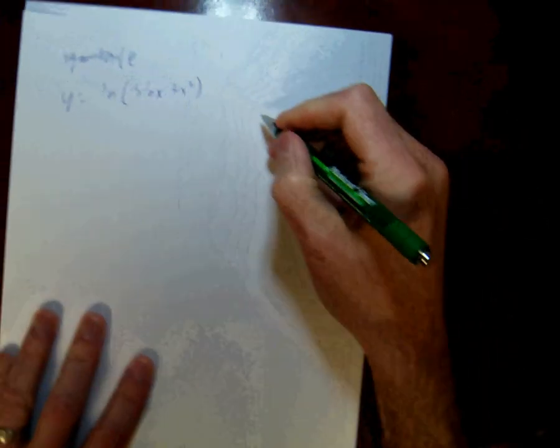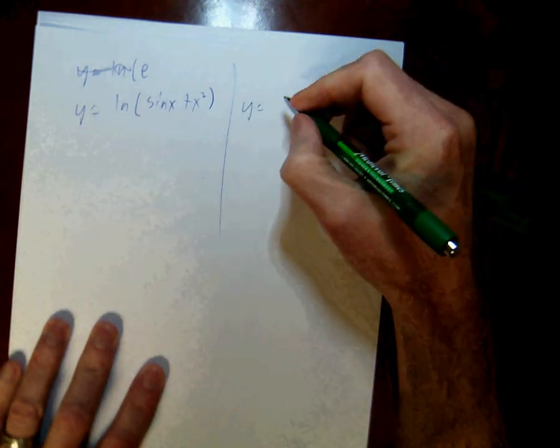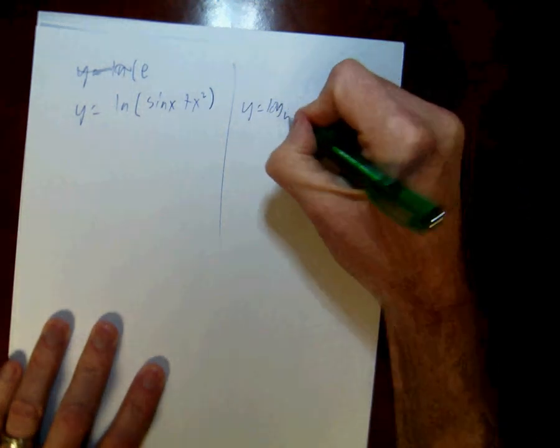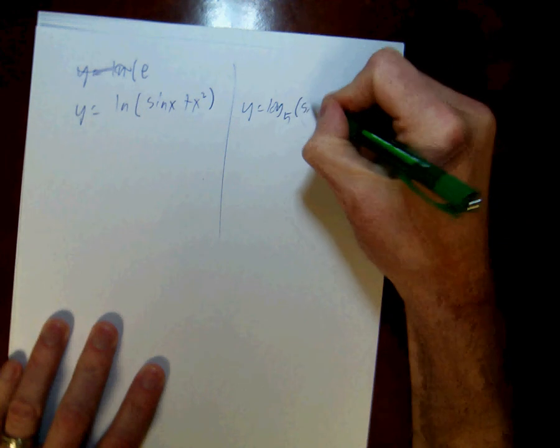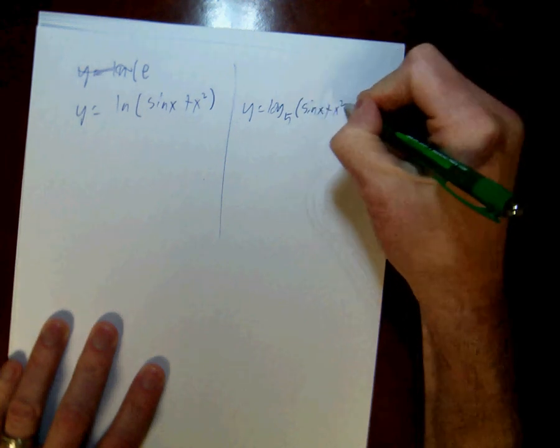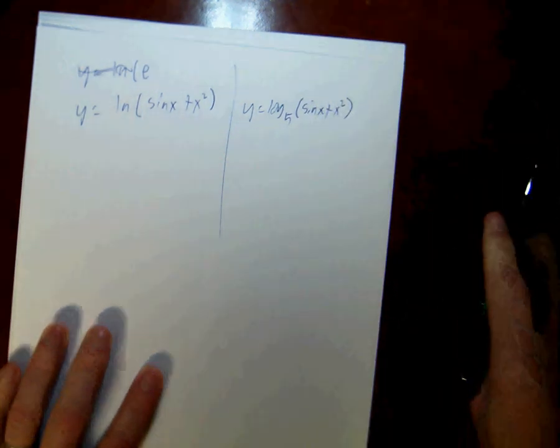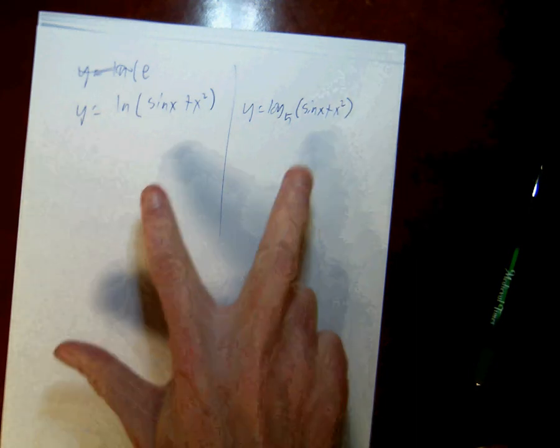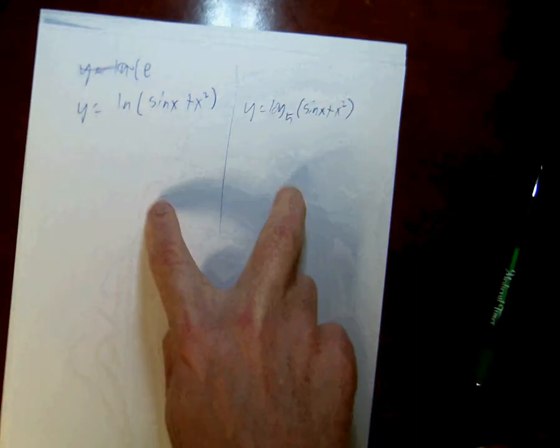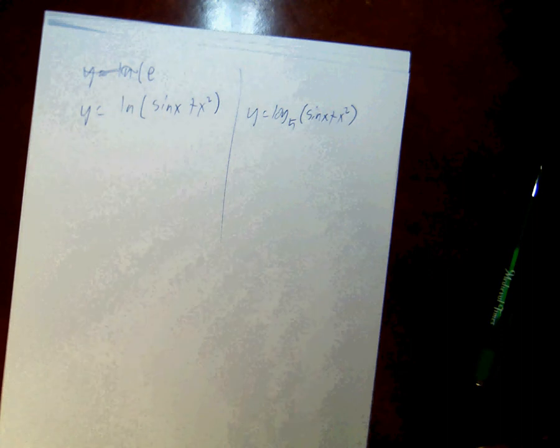And I also want you to take the derivative of y equals log base 5 of sine x plus x squared. So everybody take the derivative of those two, write those down, and after you've written them down, do the electronic hand raise.